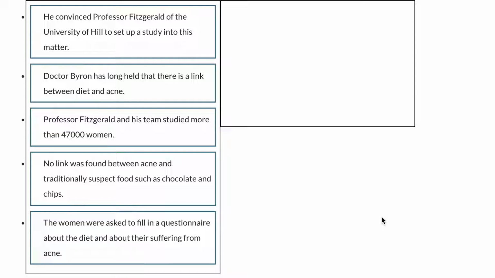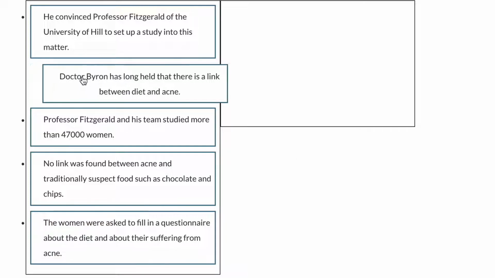Now, those of you who are not familiar with the concept of research, remember, you start with a question, you do the study, you collect the data, you analyze the data, and usually you publish your finding or present your finding.